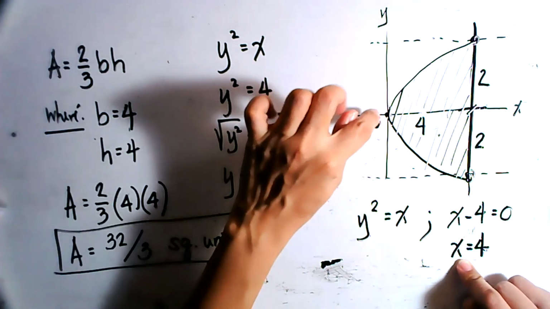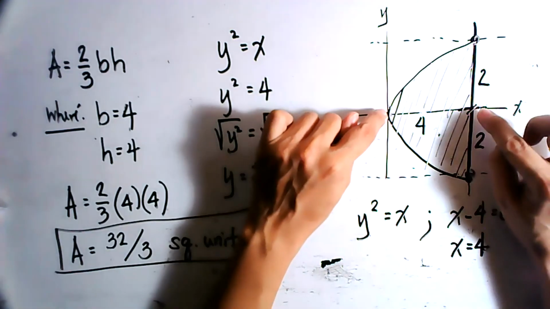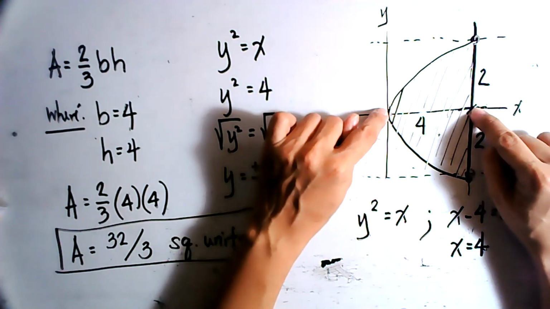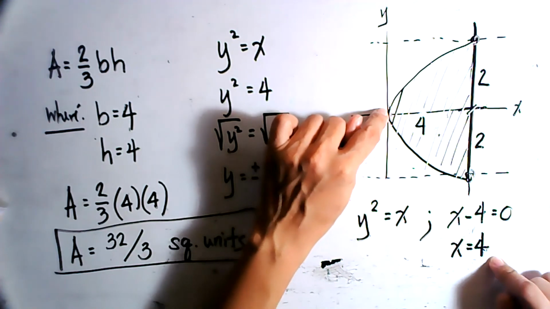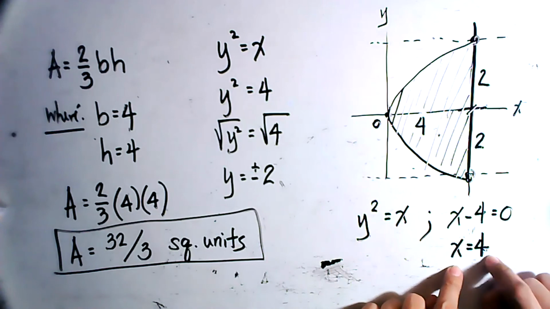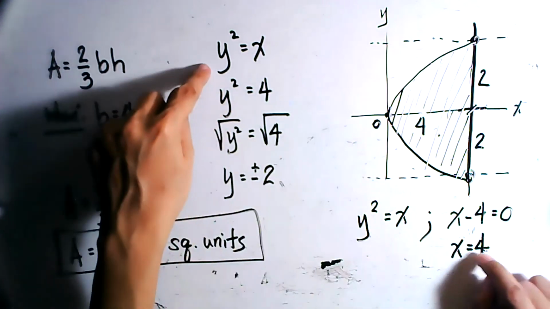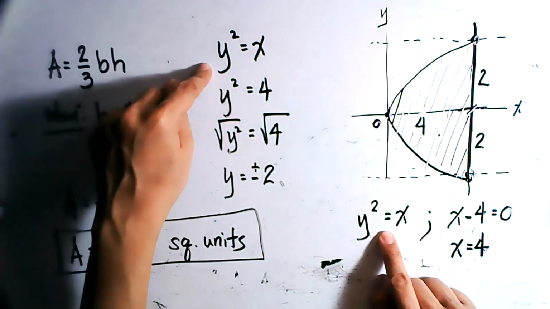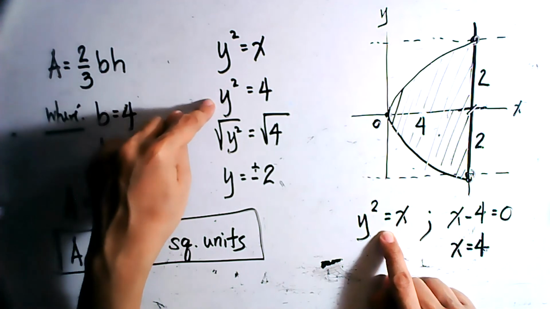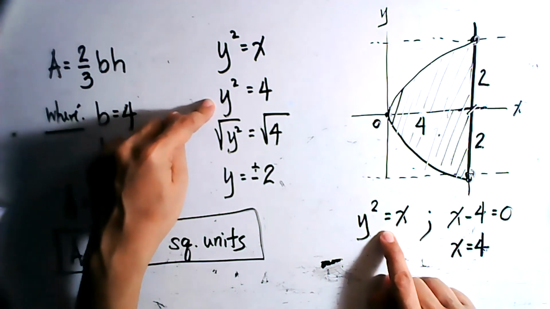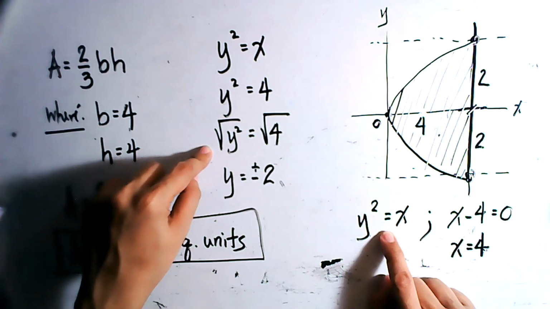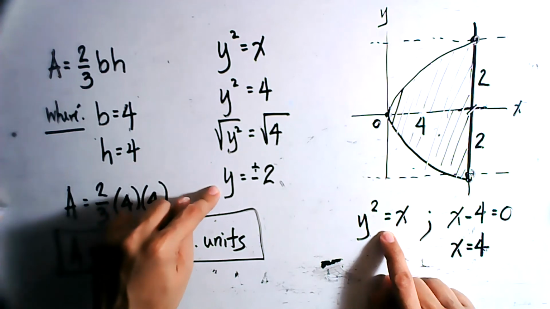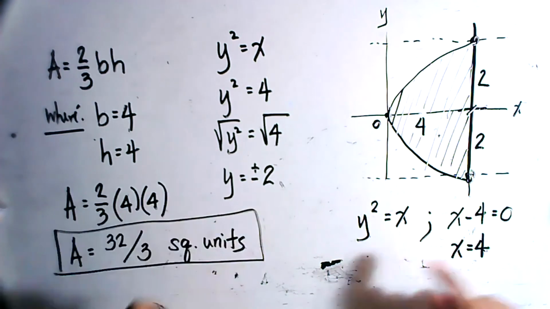So from the point of origin, going to the right, we have x is equals to 4. And then we substituted this value of 4 to this equation, y squared is equals to x. You have y squared is equals to 4. So we can express y as plus or minus 2.